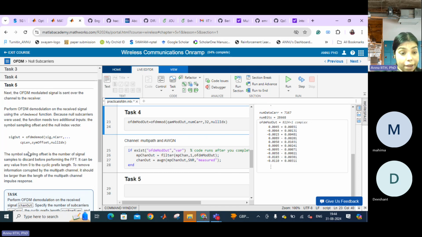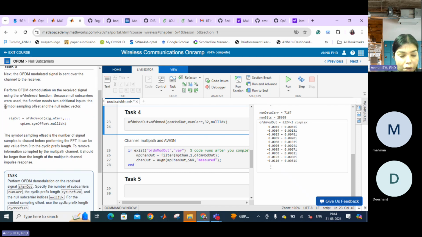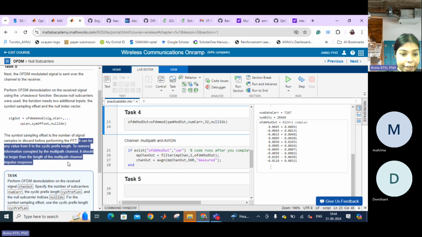So here you may have some doubt on why we are using symbol sampling offset. Why are we using this? The symbol sampling offset is the number of signal samples to discard before performing the FFT.